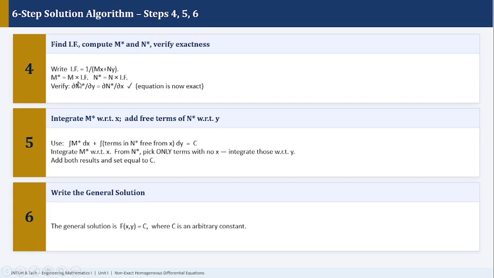Multiply capital M with the integrating factor to get M star, and capital N with it to get N star, and verify the condition for exactness. Next, step 5, find the general solution: integral M star dx keeping y constant plus integral of terms in N star free from x dy equal to c. After step 5, the general solution is F of x, y equal to c, where c is an arbitrary constant.